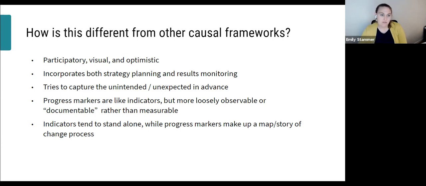Which is kind of a nice difference. So as I alluded to a little bit earlier with the visual piece, these progress markers make up a story of change versus standing alone like an indicator. Like the example of a progress marker looking at confidence using CAM, this allows you to include more smaller and nuanced change in the map that you might not be able to measure in traditional ways.